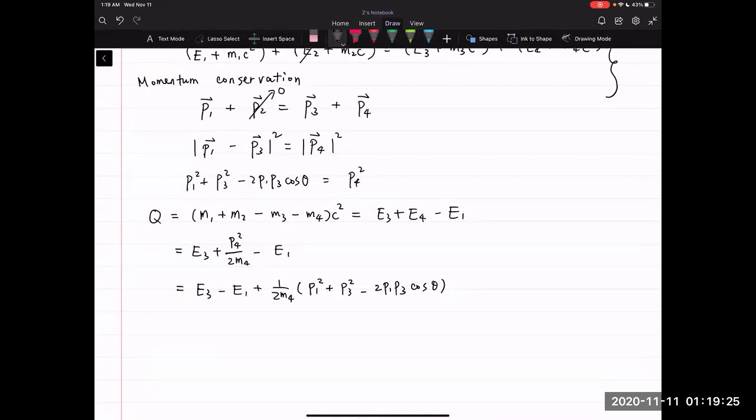We can further write P1 and P3 in terms of E1 and E3. Since P squared over 2M is equal to E, P1 squared will be 2 M1 E1, P3 squared will be 2 M3 E3, and the cross term is minus 2 times the square root of 2 M1 E1 and 2 M3 E3, times cosine theta.